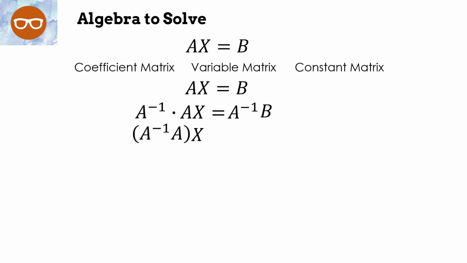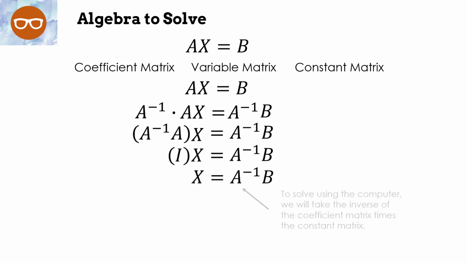That gives us A inverse times A times X equals A inverse times B. Well, hopefully you remembered from another video that A inverse times A is the identity matrix. Now, anything times the identity matrix is itself. To solve using the computer, we will take the inverse of the coefficient matrix times the constant matrix, and that's it.